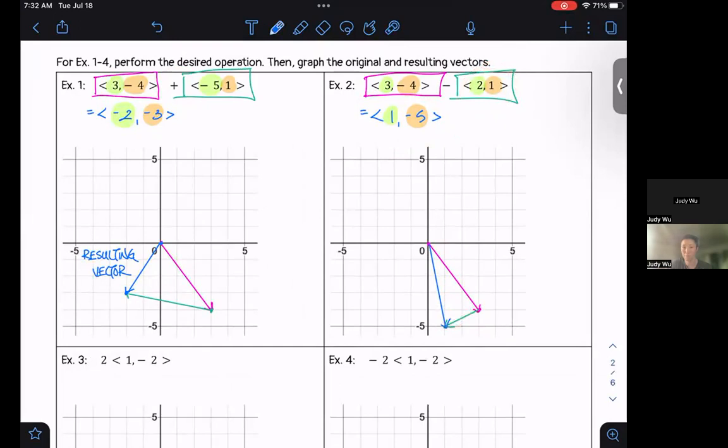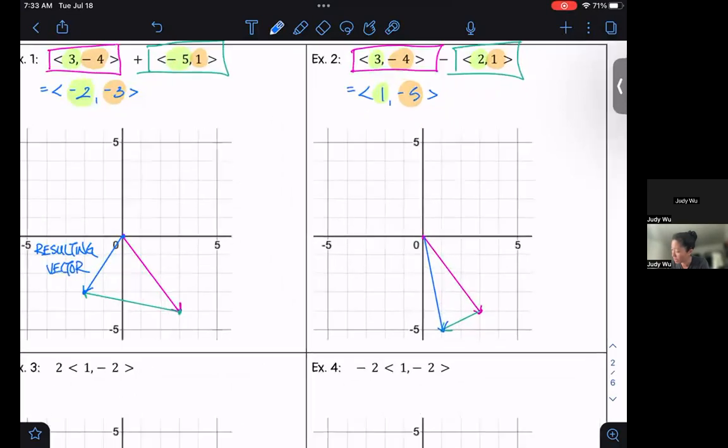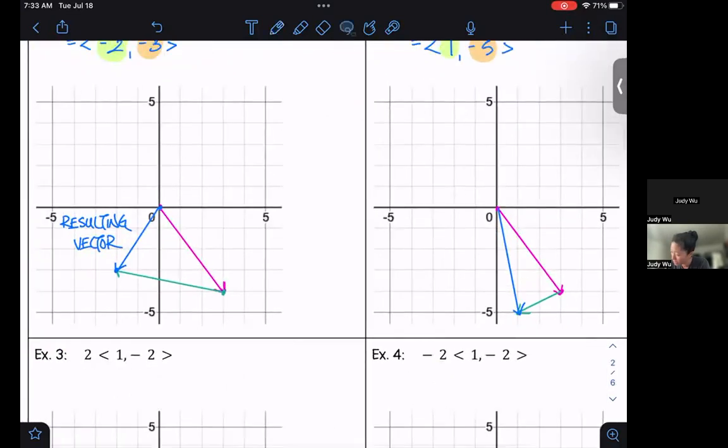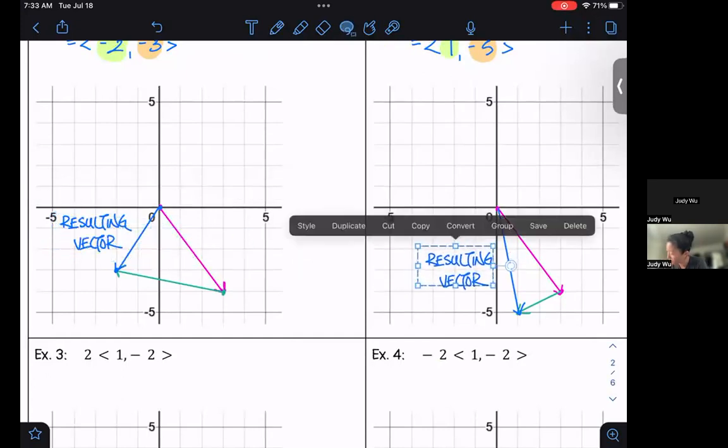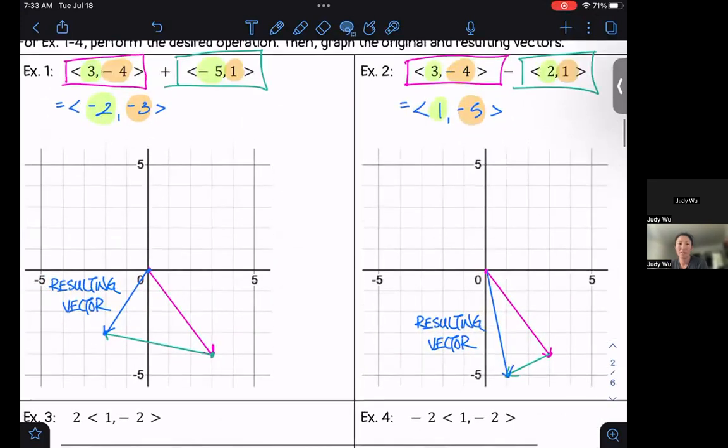We go in the other direction. All right, so let's just write in for ourselves that we have a resulting vector over here, okay? So adding them, you line them up, you draw them the way that they're meant to be drawn, but the minus actually means that we go in the other direction, okay?